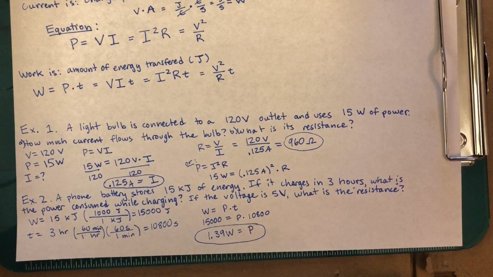Now we want to find the resistance. We could do the same thing. We have our same choice of different formulas. We know the power. We know the voltage. Oh, we don't know the current actually. So we're going to need to use the power and the voltage to find the resistance.